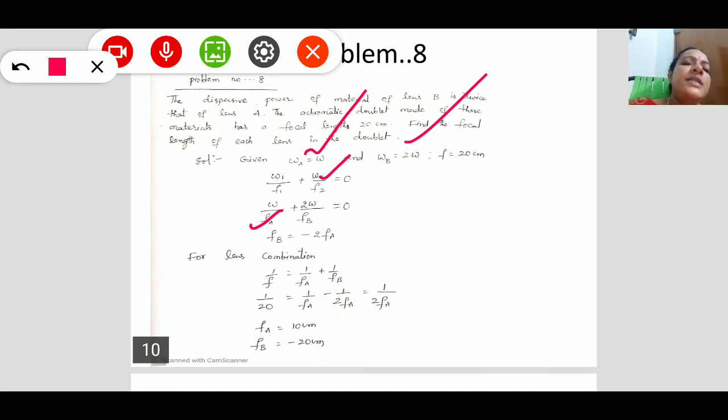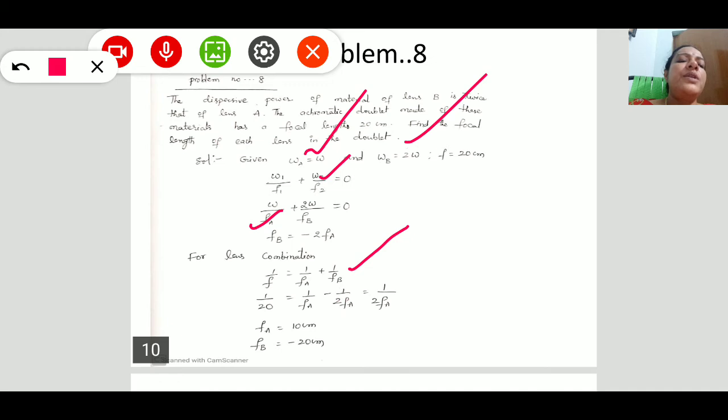Omega gets cancelled. fb is equal to minus 2 fa. Lens combination formula, that is combination of two lenses. The combined focal length can be written as 1 by f is equal to 1 by fa plus 1 by fb.